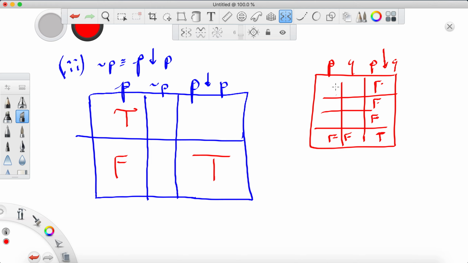But if all the P's are true, then none of the P's are false. And as long as at least one of them is true, the whole thing is false. And in this case, one of them is true, so the whole thing is false. And here you just plainly negate. And since these are the same, this proves that.